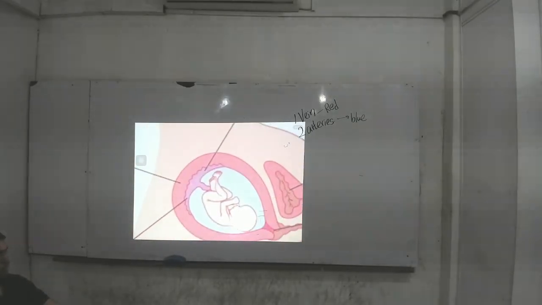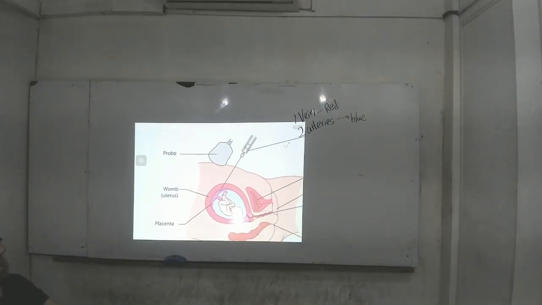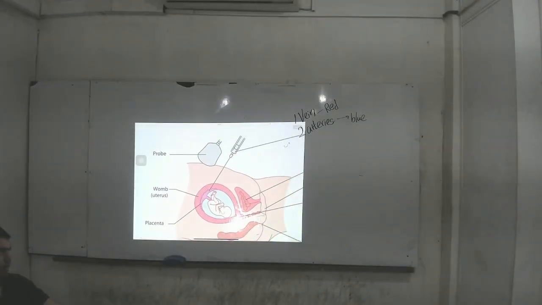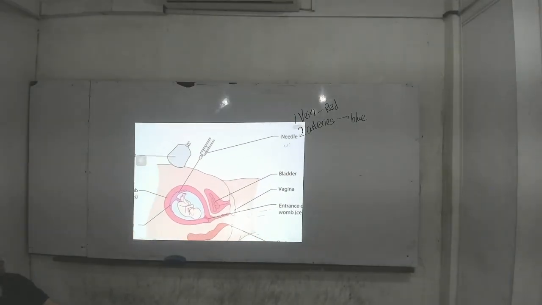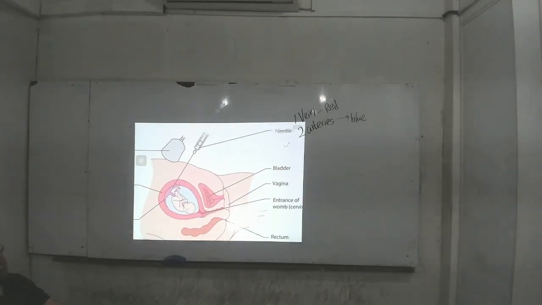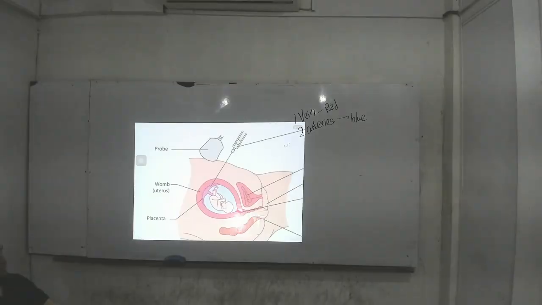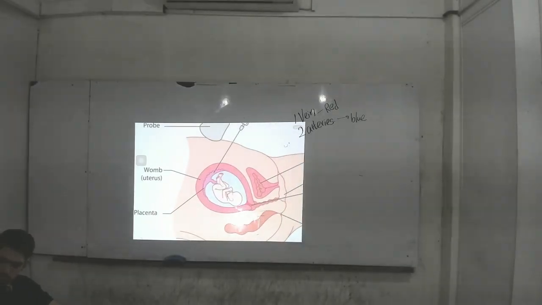So the placenta is composed of what? The mother's endometrium and the chorion. So what we can do is, using a needle like this, we can take some cells from the chorion. The chorion contains baby cells; the fetal part of the placenta is the chorion.